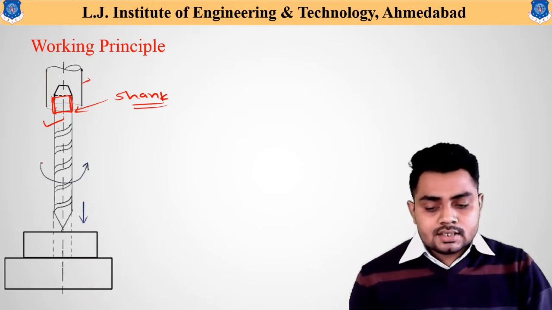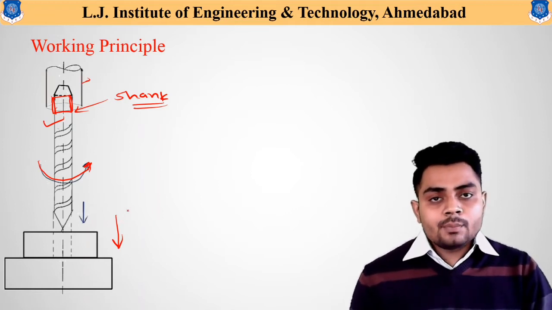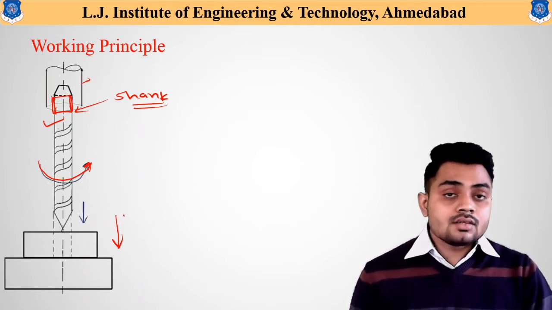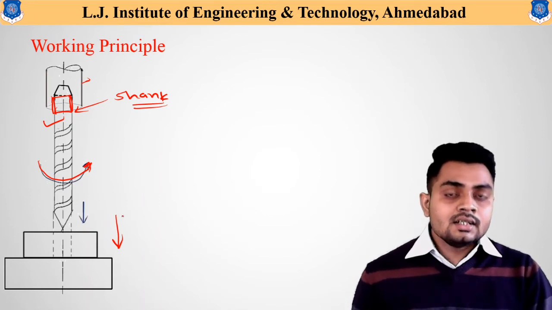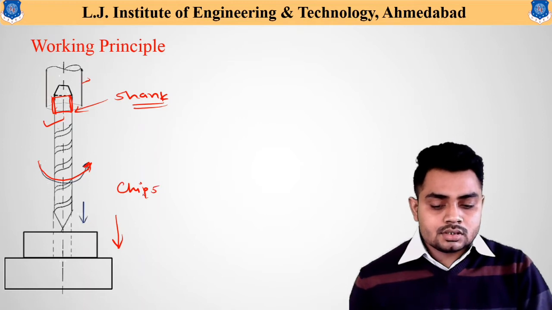As this drill bit is rotating and moving downward towards the workpiece, due to the friction between the workpiece and the drill bit, there are chances of heat generation. And here the material removal takes place in the form of chips.